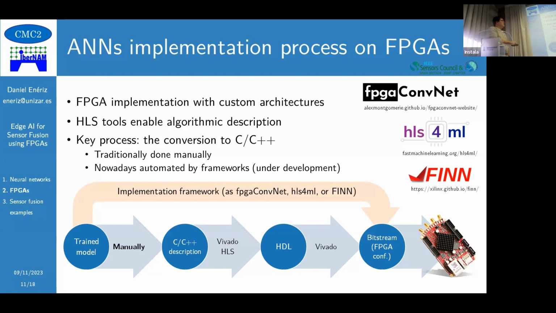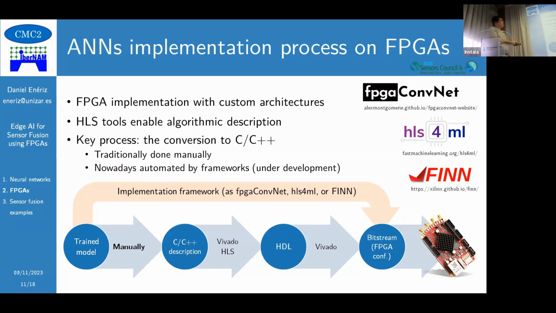The key step in this process is the conversion to the C++ description, because it really influences how your model is going to perform once implemented on the FPGA. And this process has been traditionally done manually, but there are some frameworks that try to automate the entire process, including the conversion to the C++ description.